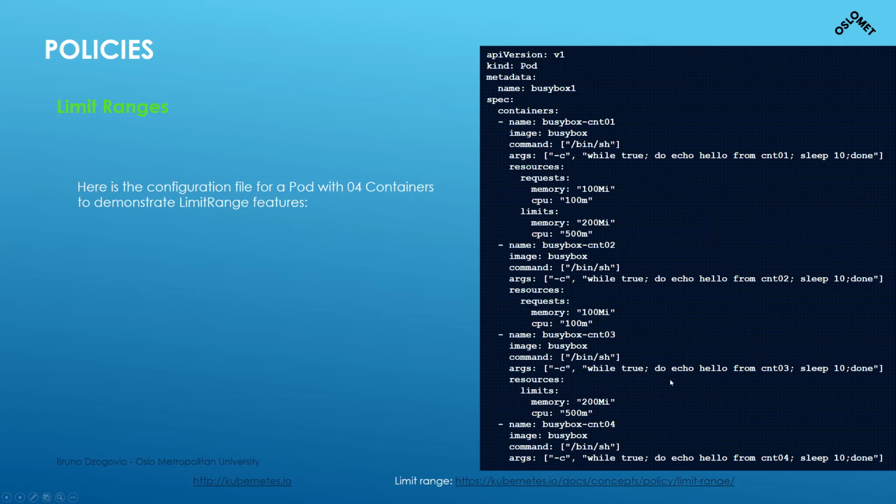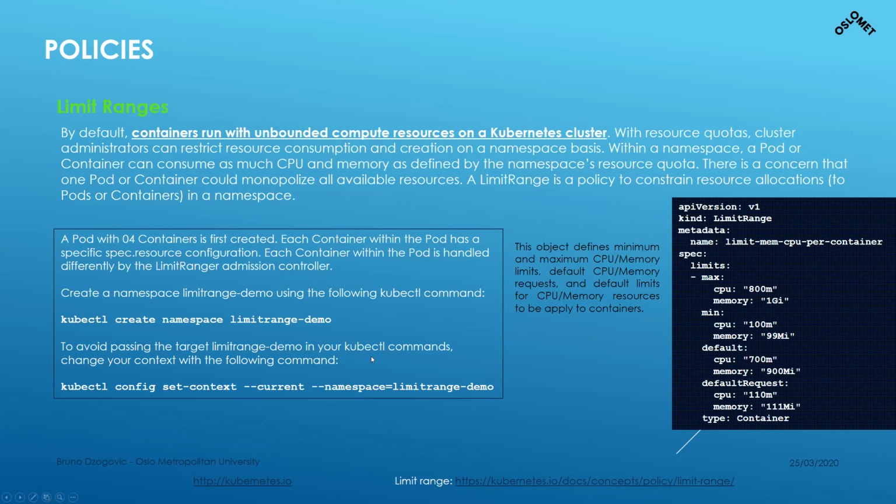They will just print a message, hello from each other, and they will have some specific limited amount of resources to run from. Yeah, so this is a small example. For limiting ranges, you can literally do a lot of things, and you can check it on this link as well, how to define these policies.